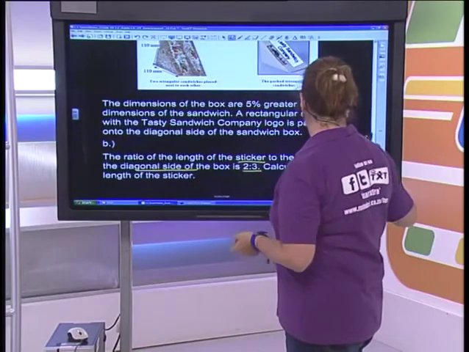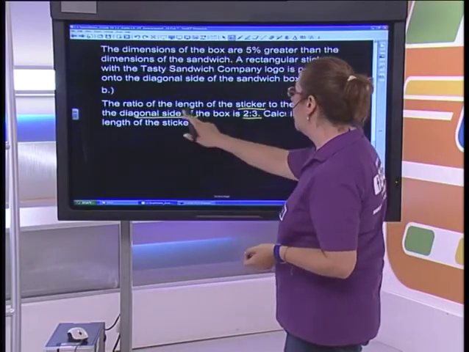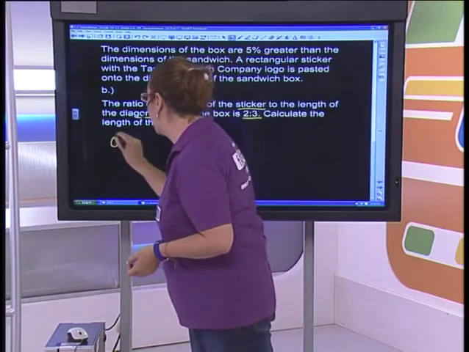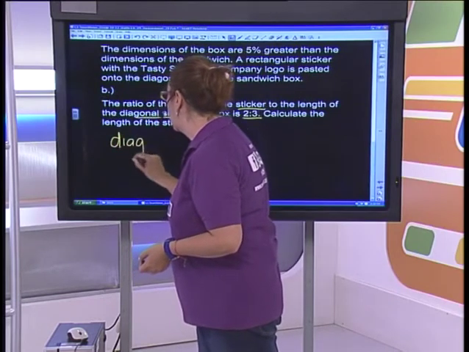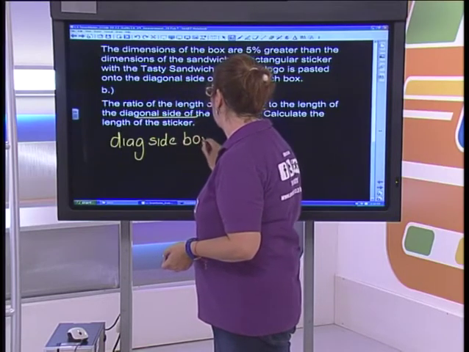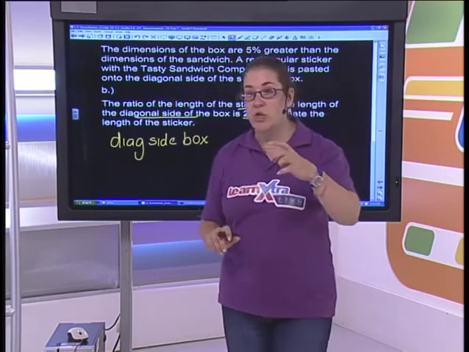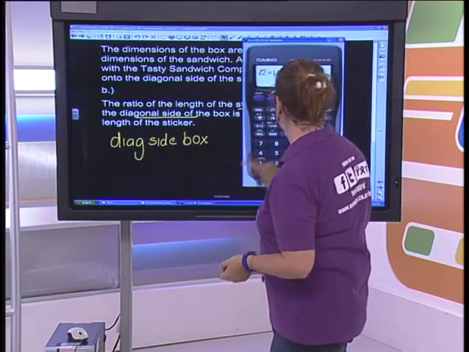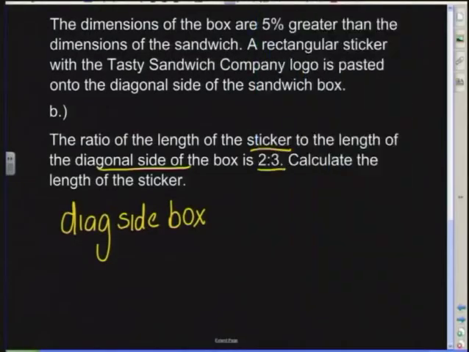Now, the first thing we need to do is work out the diagonal side of the box, because our sandwich was 15,56 centimeters. Oops, left out my centimeters.